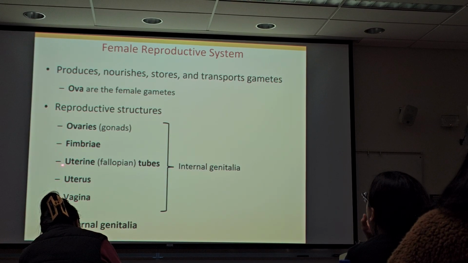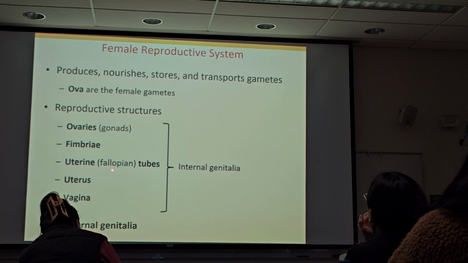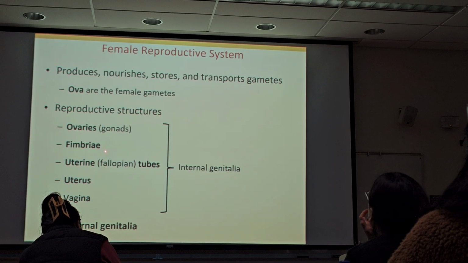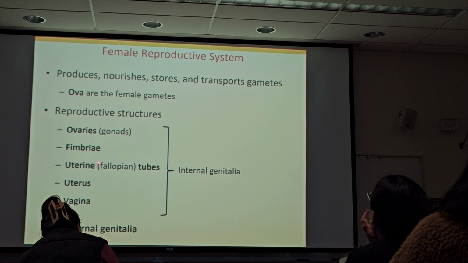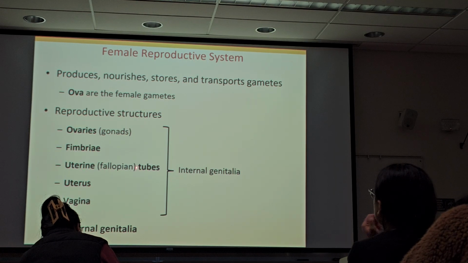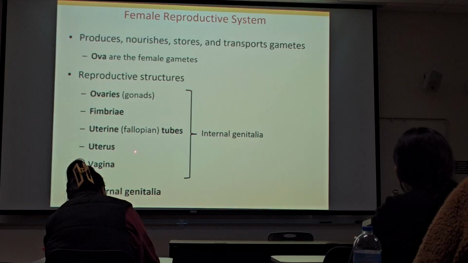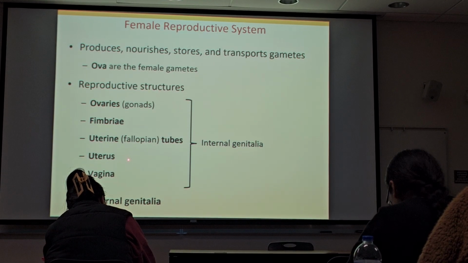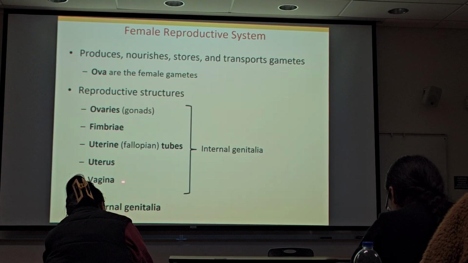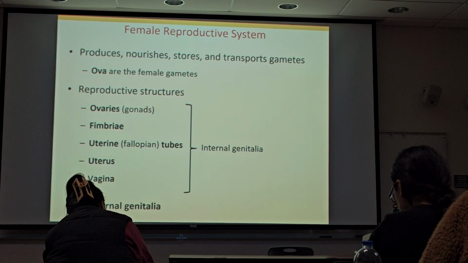Then we'll see the fallopian or uterine tubes that end in the fimbriae at the ovaries, and they are anchored to the uterus. The entrance to the uterus is the cervix. It kind of dips down into the vagina. And then there are external genitalia as well.